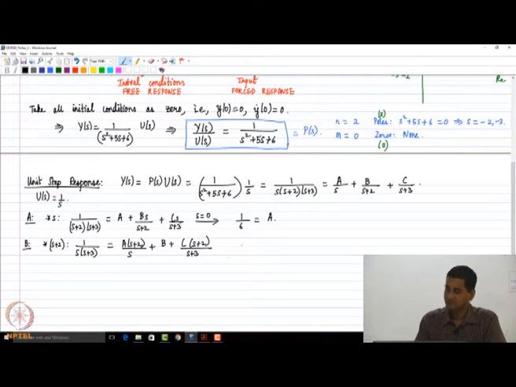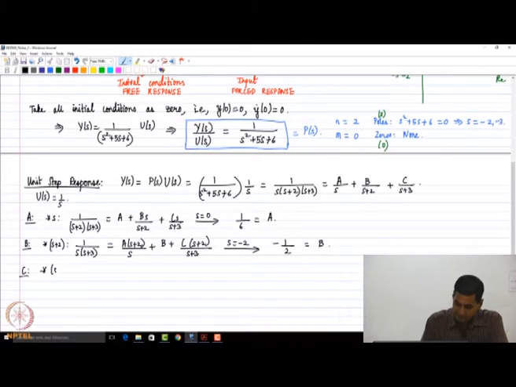That's what is going to happen. And here I substitute the root of s plus 2, and that's going to be s equals minus 2. So what are we going to have? Minus 2 and plus 1. That's going to be minus 1 by 2. So that's going to be b.